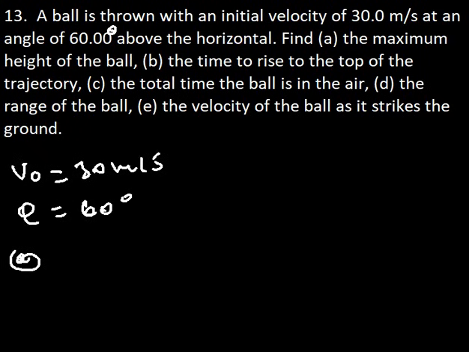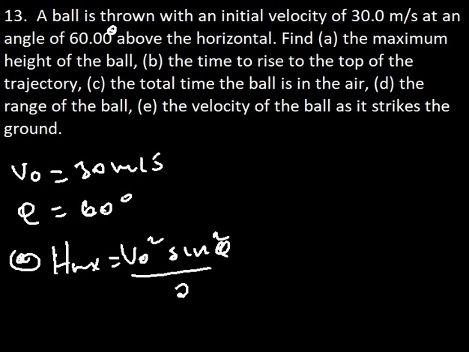And by the way, this is a typical symmetric motion, or we call it as the ground up back to ground. And the formula for the maximum height is given as v naught square sin square theta divided by 2g.